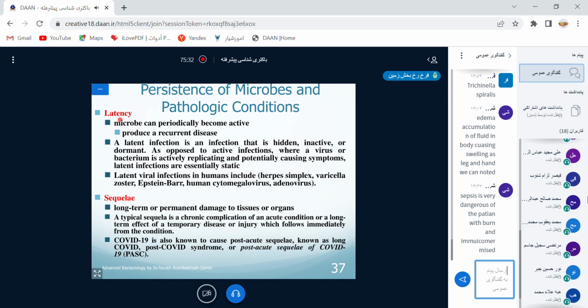Latency. What is the meaning of latency? Microbe can periodically become active, produce a recurrent disease.